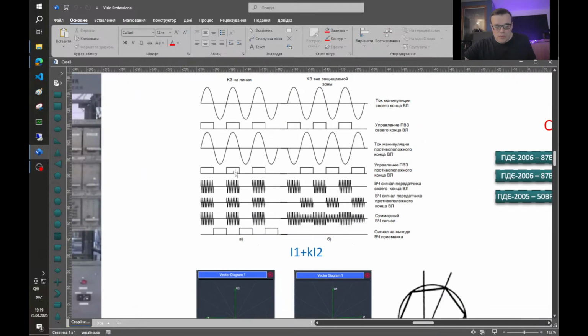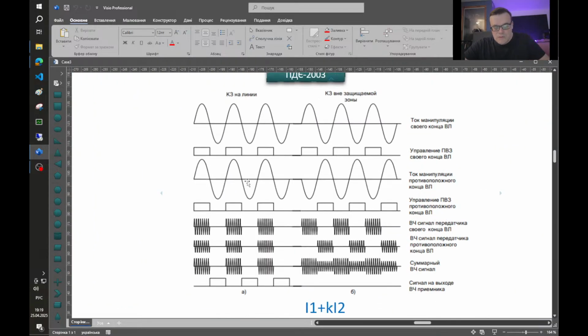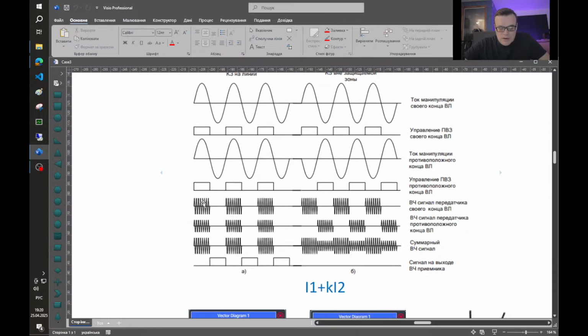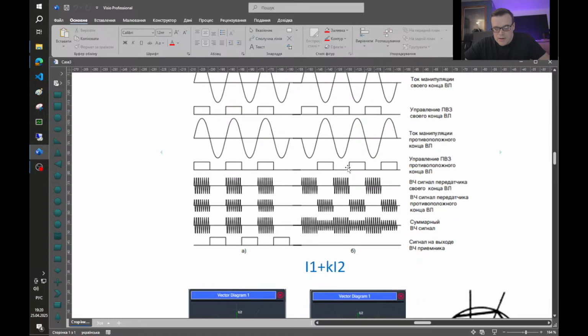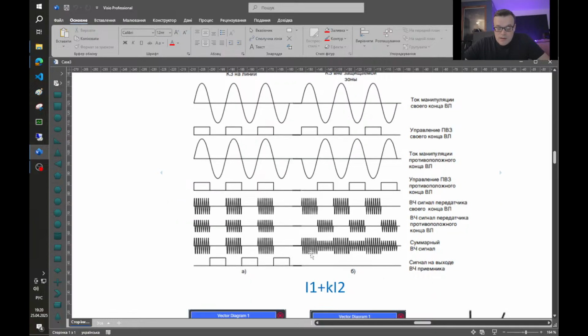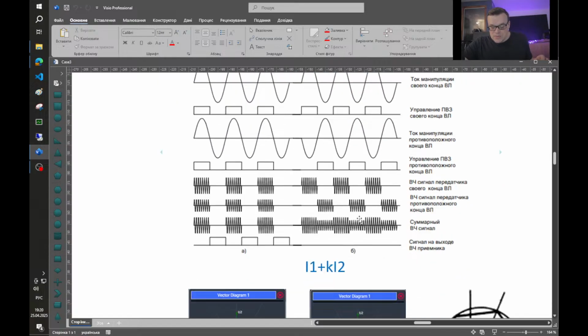So, a little bit about phase differential protection: during a short circuit on the protected object, in the high frequency channel we will see such a picture with pauses, and the protection trips in this pause. In case of an external short circuit, there are no pauses, and the protection does not trip.